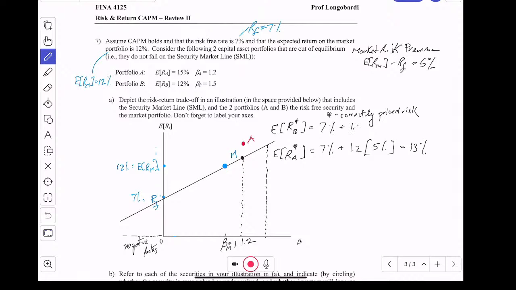So I use the same numbers. I just changed the beta. So it should be higher.